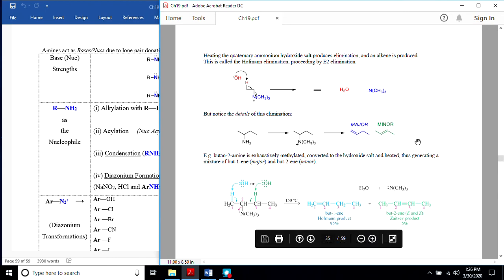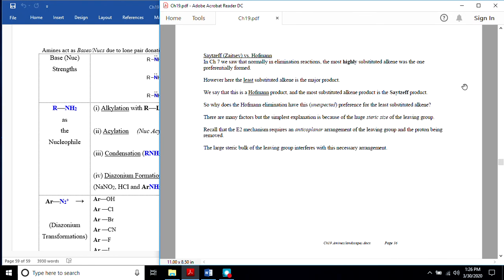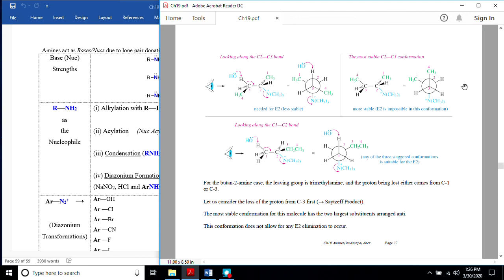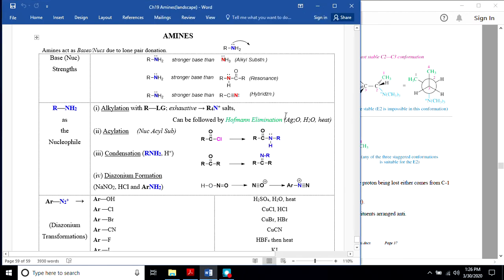We call this the Hofmann product. So that's a general use or application of this exhaustive alkylation. So this exhaustive alkylation can be followed by Hofmann elimination. Hofmann elimination reagents are silver oxide, water, and then heat.